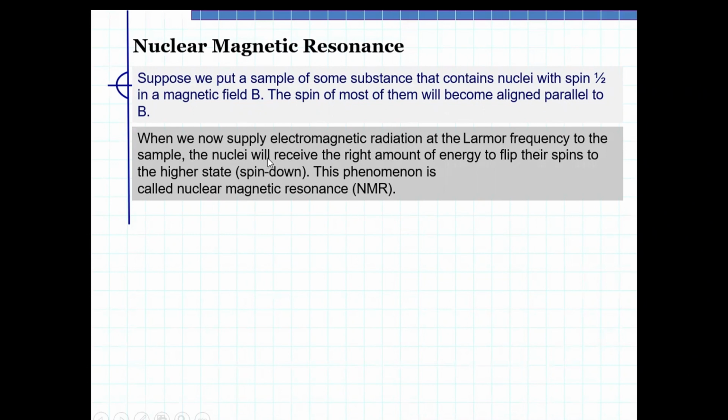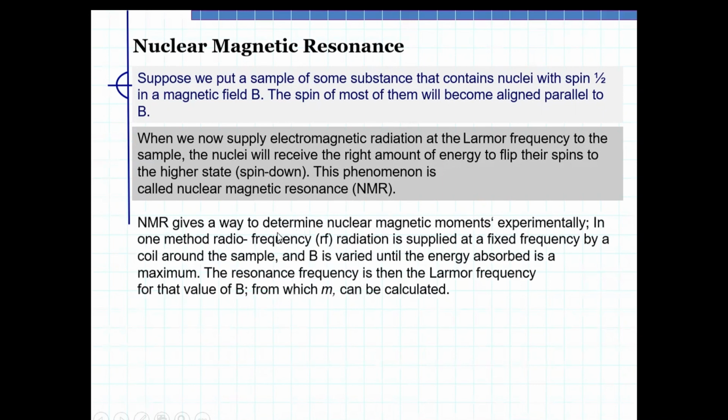The nuclei will receive the right amount of energy to flip their spin to the higher state, and once that energy is given, they will perform the spin flip. This phenomenon is called nuclear magnetic resonance. That is, the nucleons become resonant with the applied field, and then they perform the spin flip.